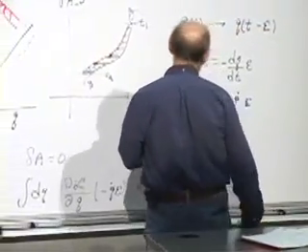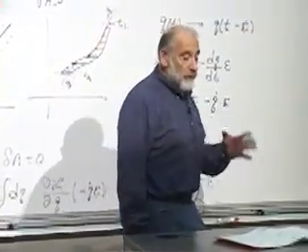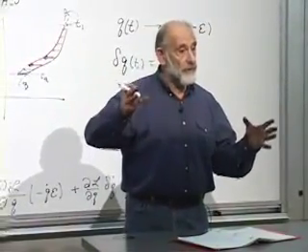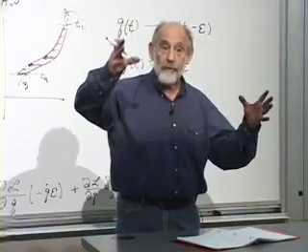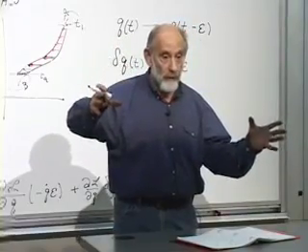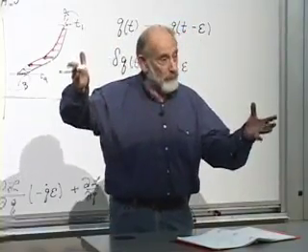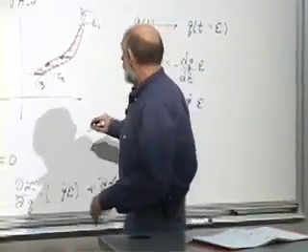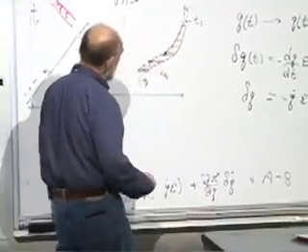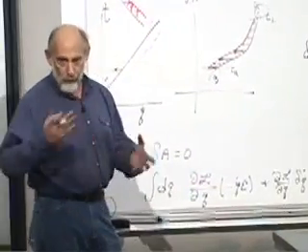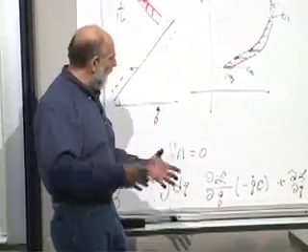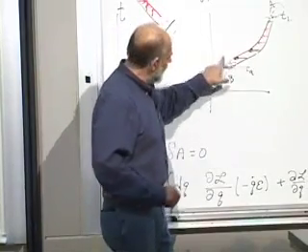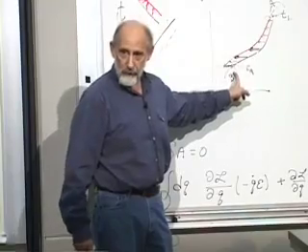Well, if the action is an explicit function of time, that means that the variation of the action when you push a trajectory forward will not be 0. A trajectory pushed forward in time will not be a solution of the equations of motion anymore. If the action explicitly depends on time, in other words, forces change with time and so forth, then the new trajectory will not have the same action as the original trajectory.